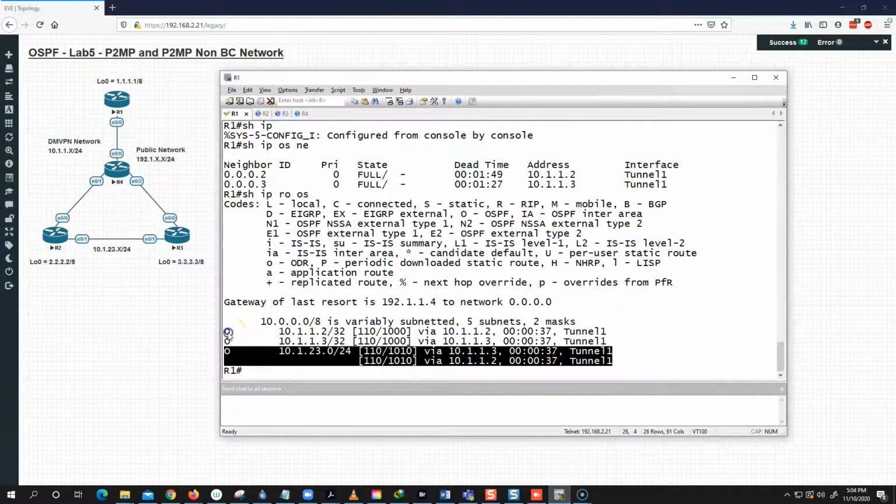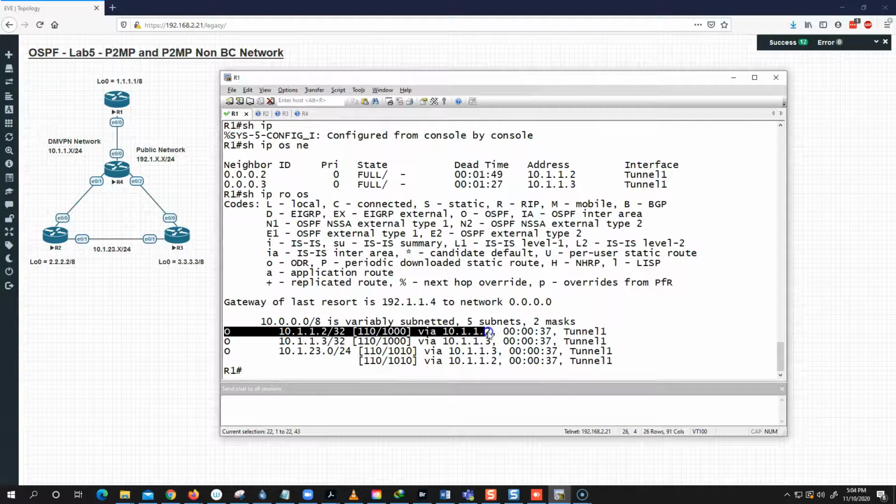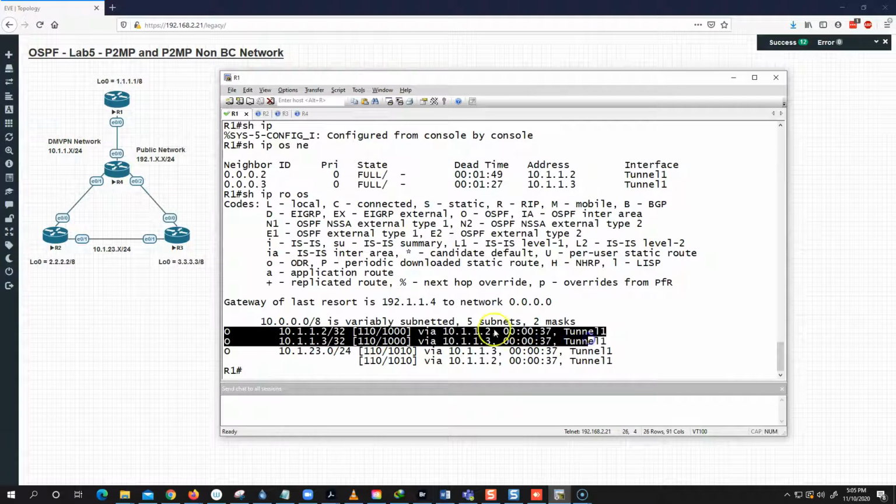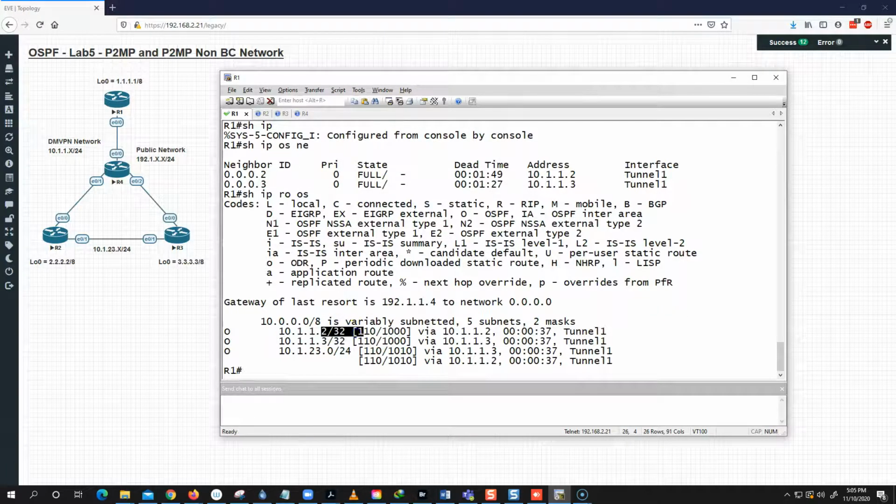These two routes which you see are the host routes for the connected network on which they are neighbors. This is the address they are neighbors on, so they also add this as an OSPF route, and you can see this is a slash 32. This is a host route coming in, and this happens every time you have a point to multi-point setup.